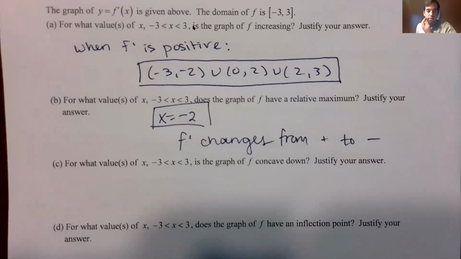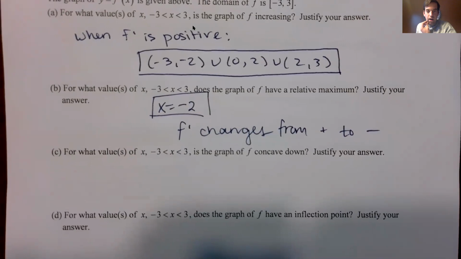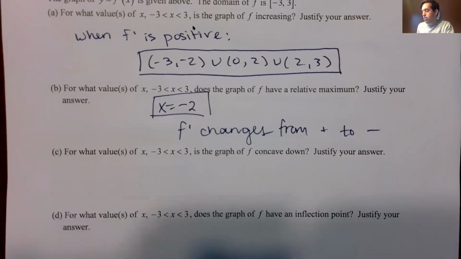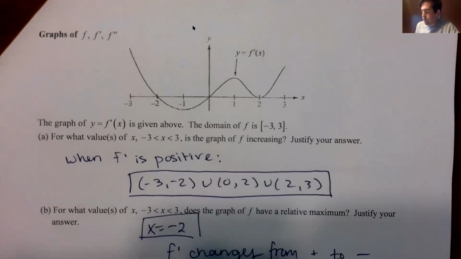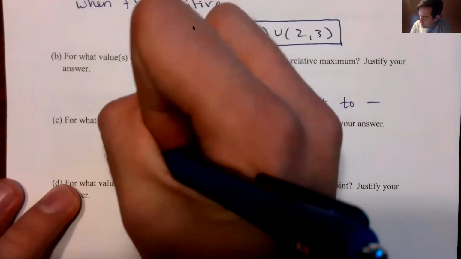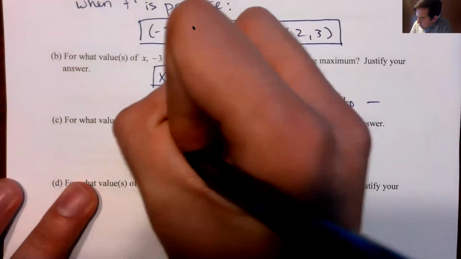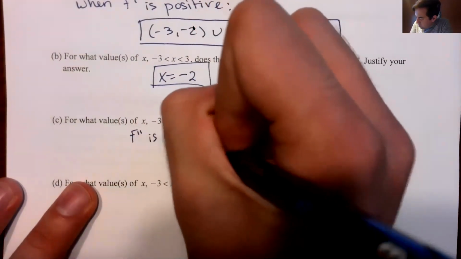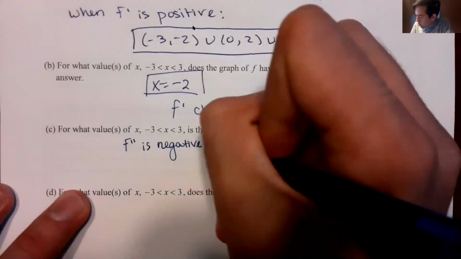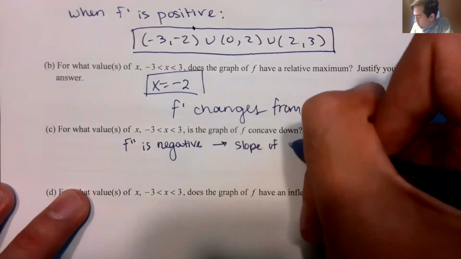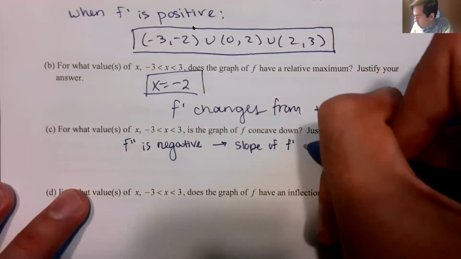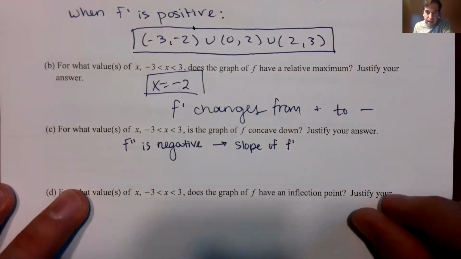Letter C, for what values of x is the graph concave down? Okay, so now I have to look at this graph. If we're looking for concave down, it means the second derivative is negative, which means that the slope of the first derivative is what we're looking at, right?